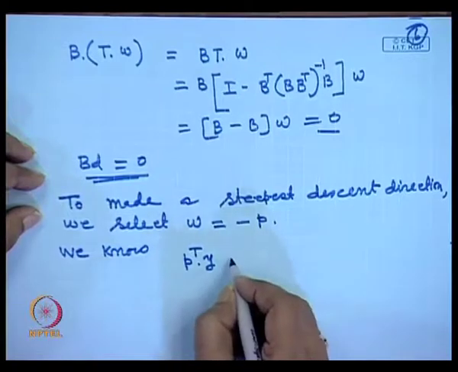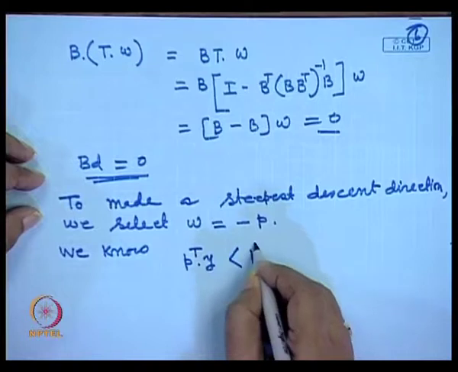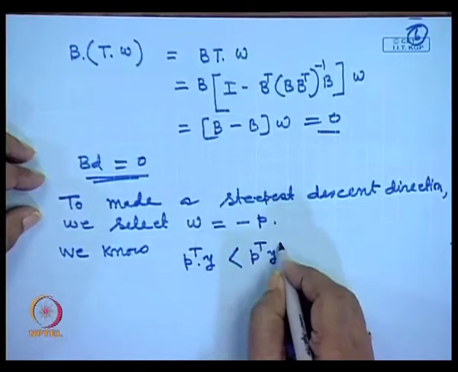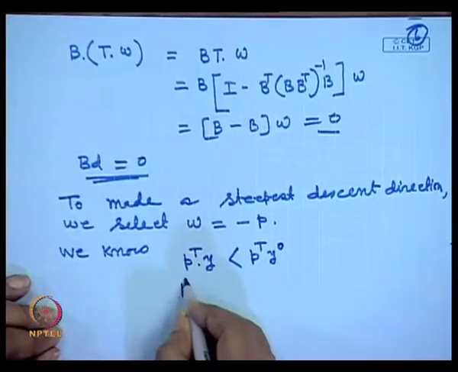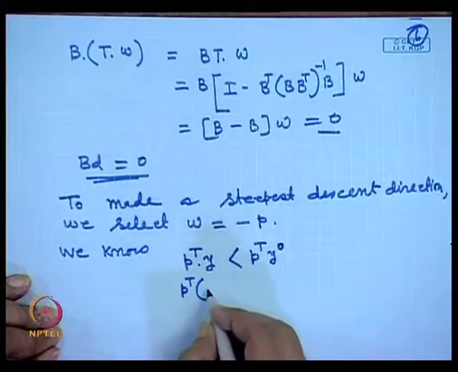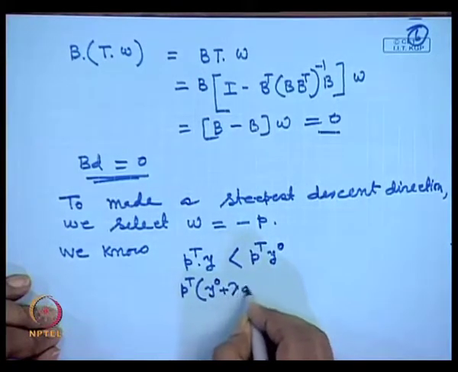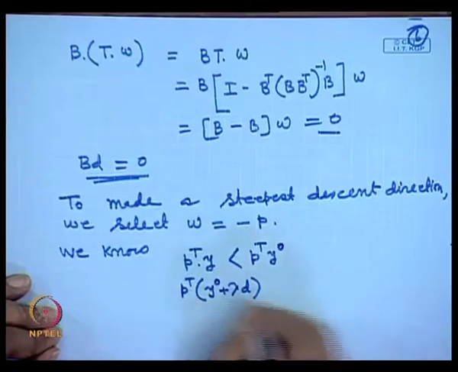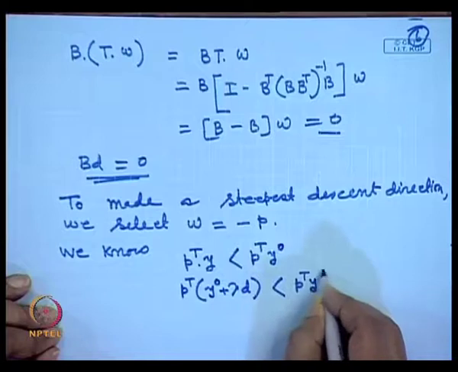And that value, if it is descending, must be less than or equal to P transpose Y0. Now, we moved from Y0 to Y1, so it is Y0 plus lambda into D, and that objective function value must be less than P transpose Y0.